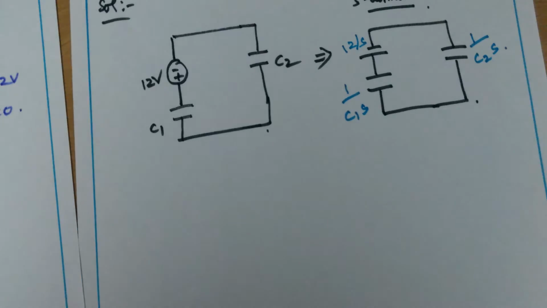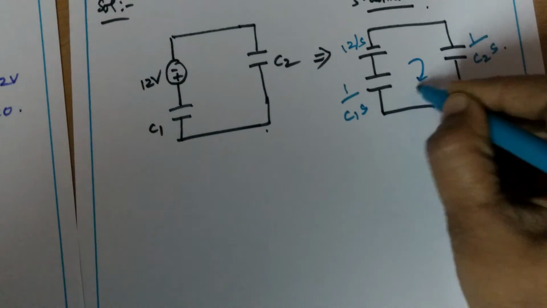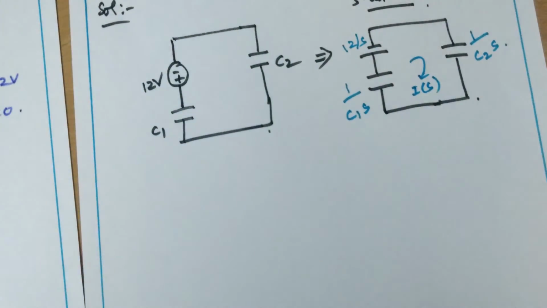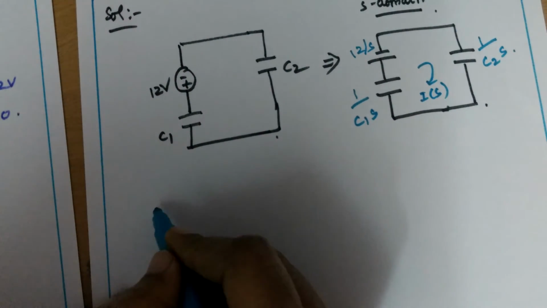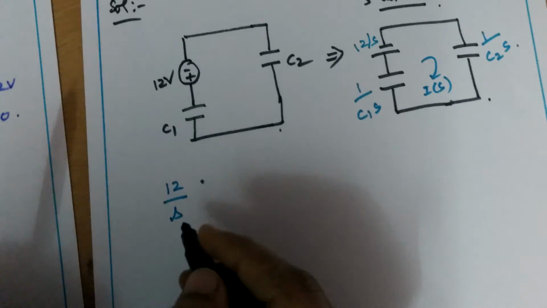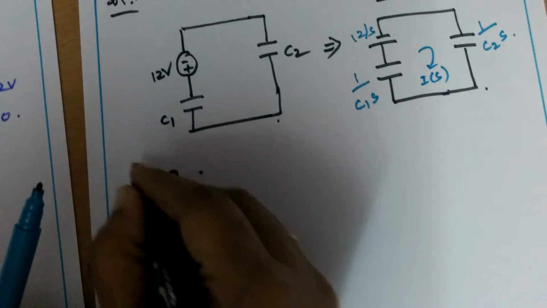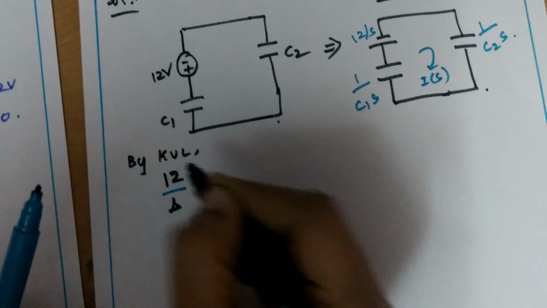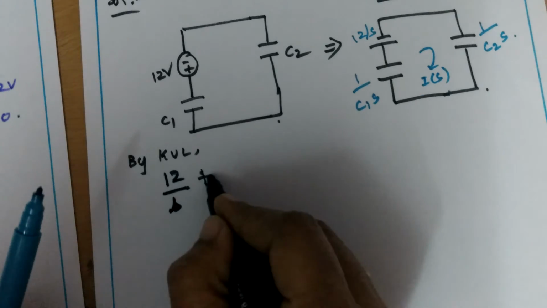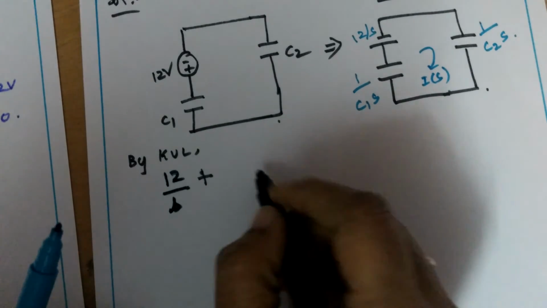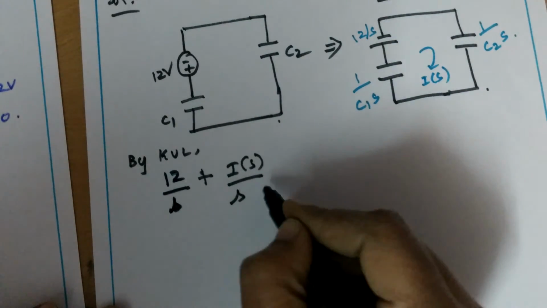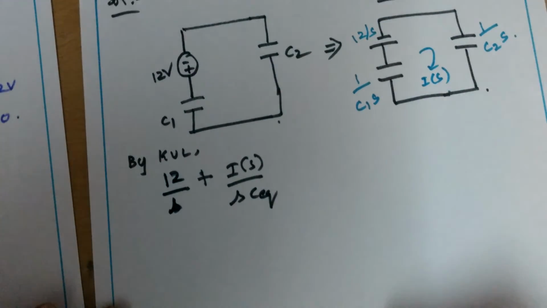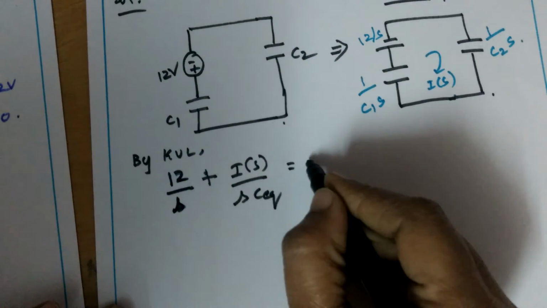Okay. So let me write the equation. Current I of S. So by KVL, Kirchhoff's voltage law, 12 by S plus I of S divided by S into C equivalent, that is 1 by S C equivalent, equal to 0.